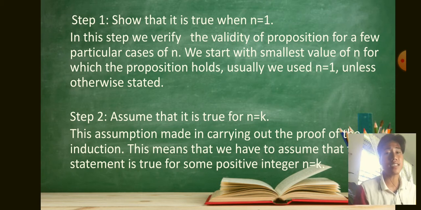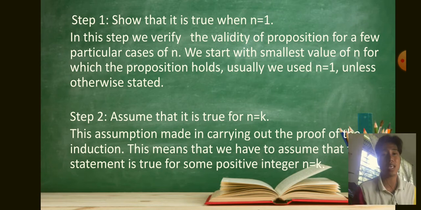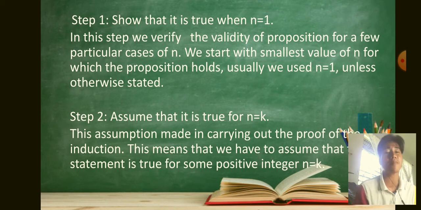The second step is to assume that it is true for n is equal to k. In carrying out a proof by induction, this means that we assume the statement is true for some positive integer n equal to k. So we simply substitute k for n.